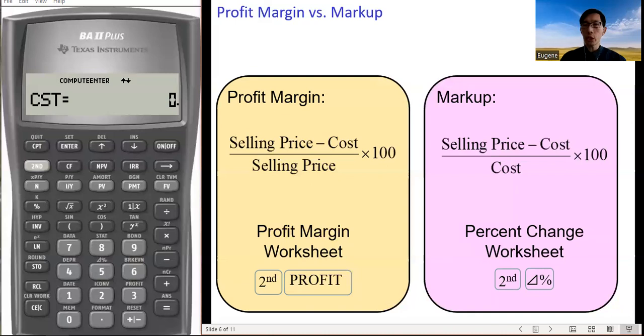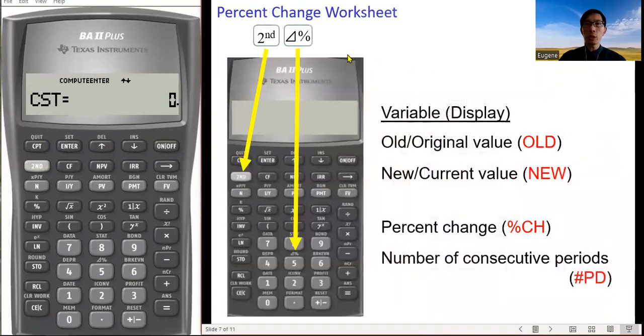Let's get to the percent change worksheet. The percent change worksheet can be activated by pressing the second key and then the number 5. There are 4 variables. The variable old corresponds to the original value. The variable new corresponds to the current value. The variable %CH is the percent change, and the variable PD corresponds to the number of consecutive periods.